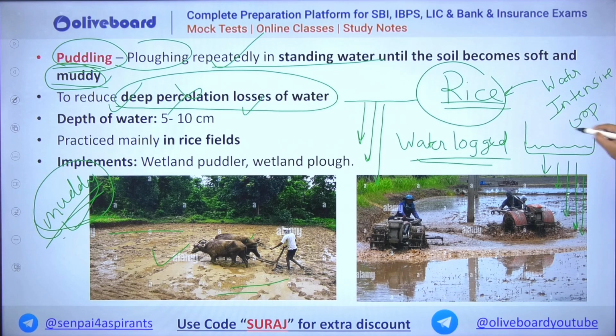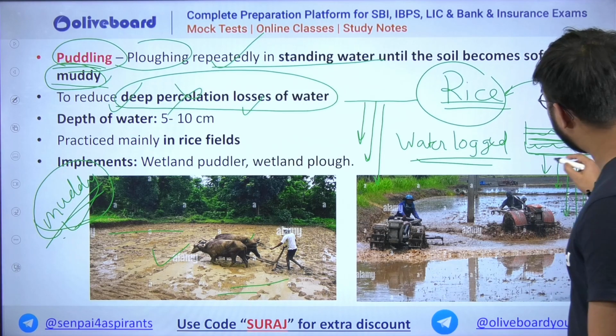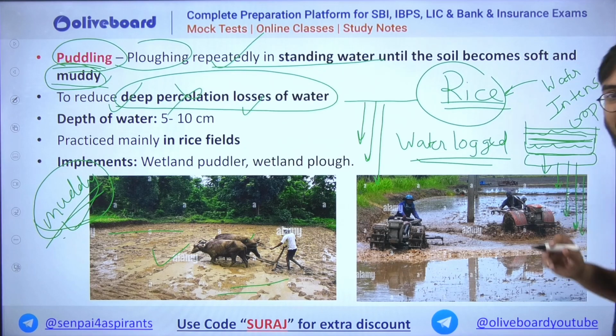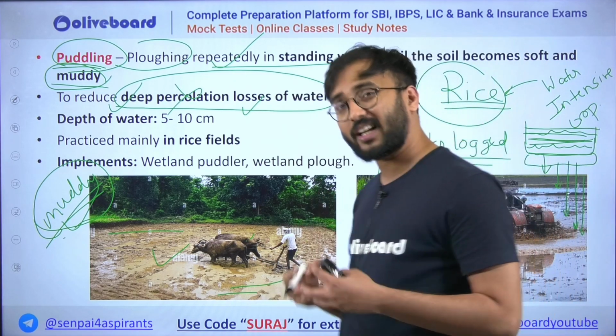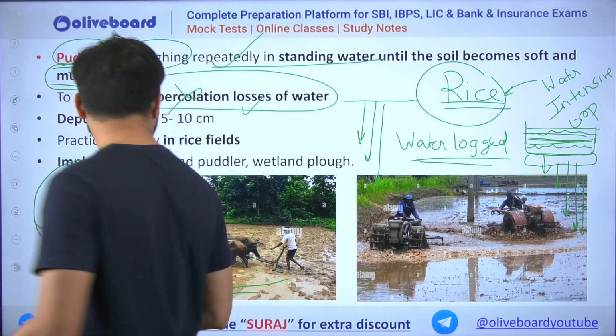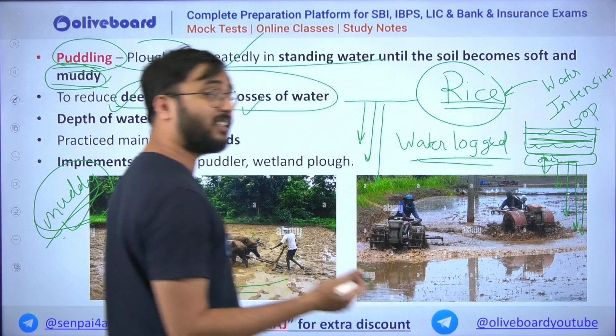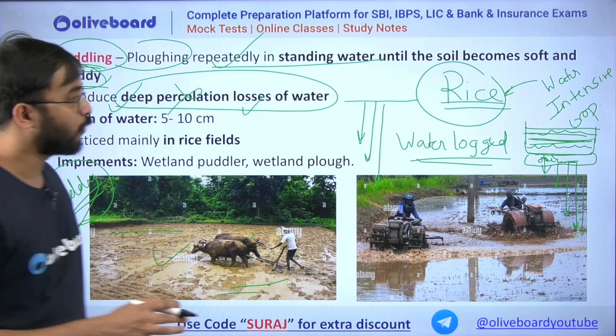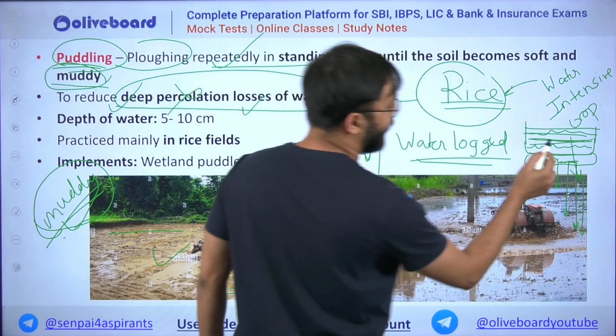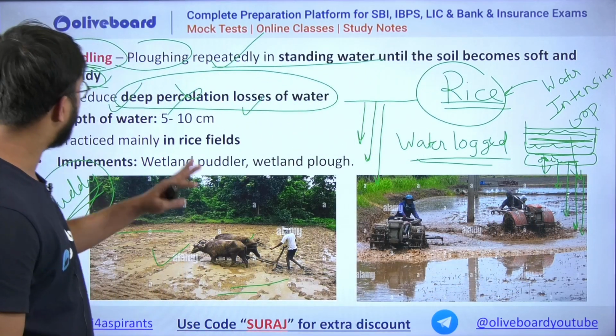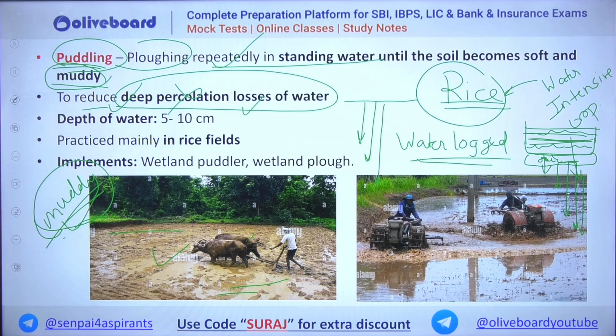What you did was you just increase the amount of water. So when you increase the level of the water, automatically the layers of soil beneath will be saturated with the water, and as they are saturated with water, water will not percolate more into the soil. So this is done by your puddling method.